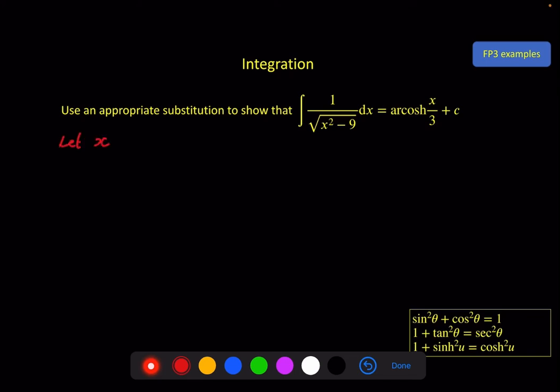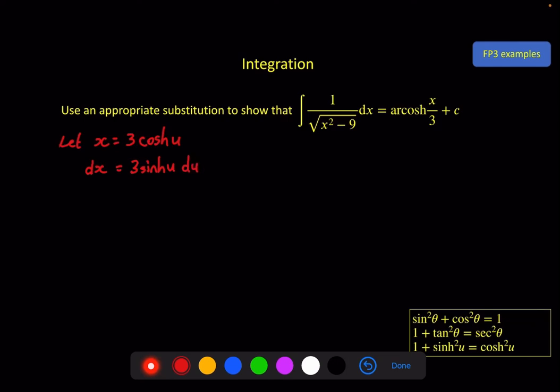Let x equal to, now I want a 9, so I'm going to use 3, so that when we square it we get a 9. 3 cos u. So then dx will equal to 3 sin u du.